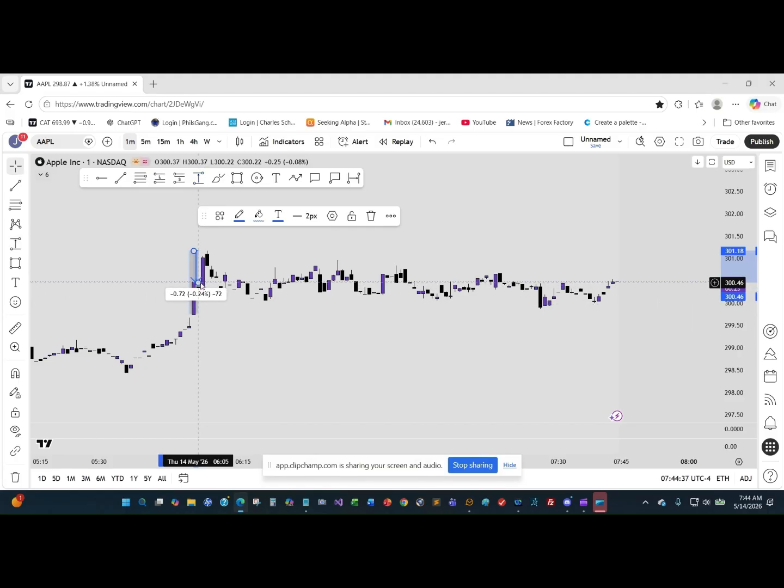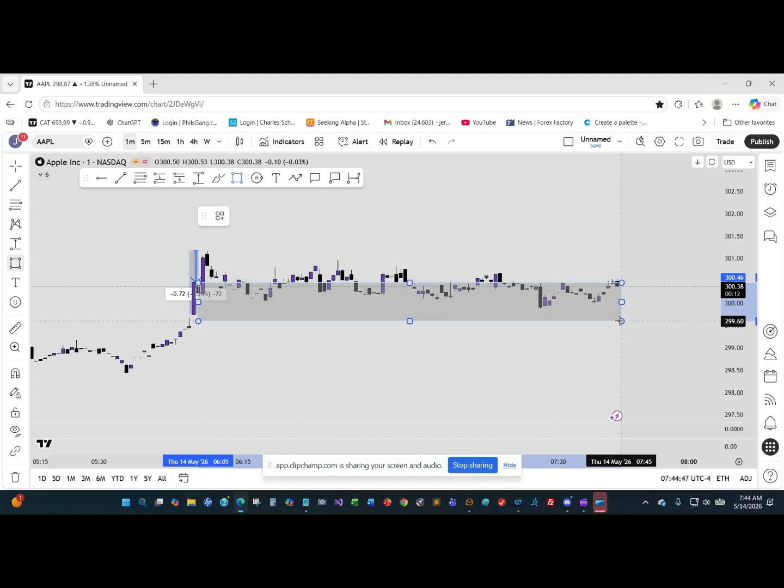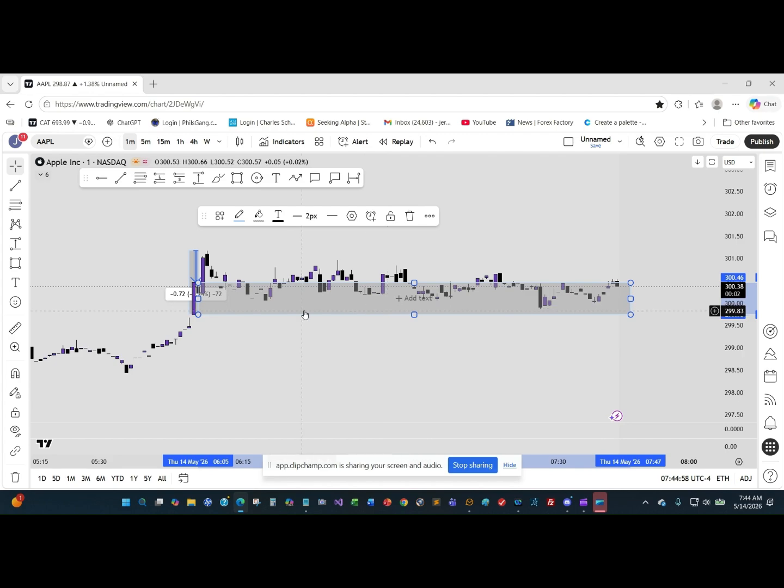We'll say 0.72. Now grab the box again and set this other one. This is like a range, like a demand zone, just like we've done before.